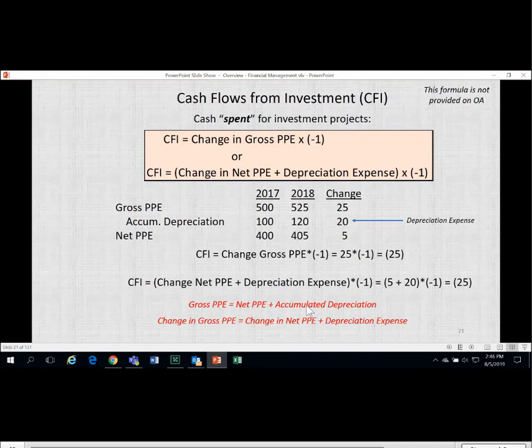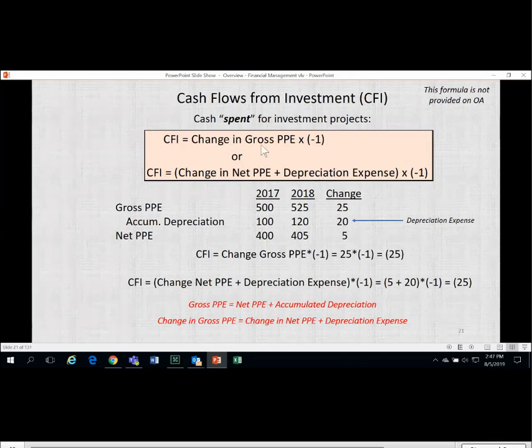So if we're looking for the change in gross PPE, it's equal to the change in net PPE plus the change in accumulated depreciation, which means this year's depreciation expense is the change in accumulated depreciation. So it's gross equals net plus depreciation. So change in net PPE plus depreciation equals the change in gross PPE.